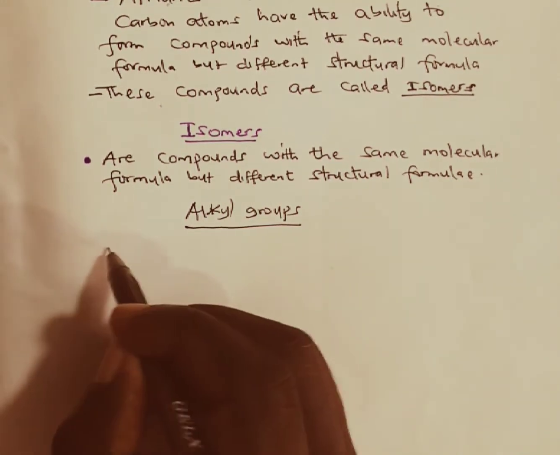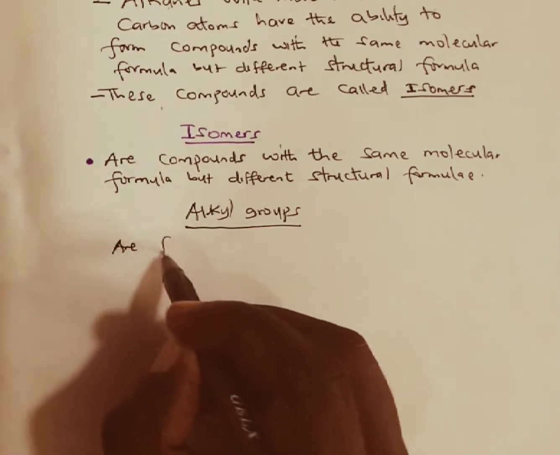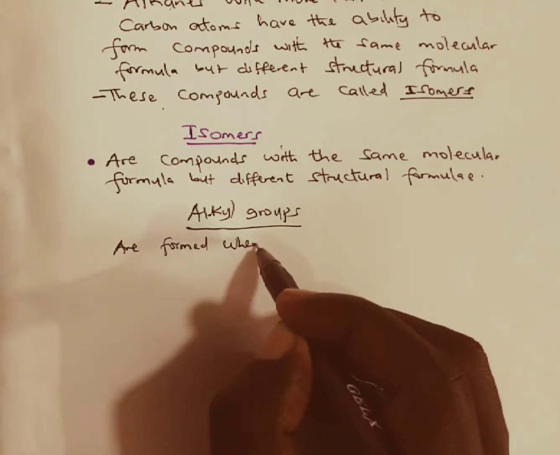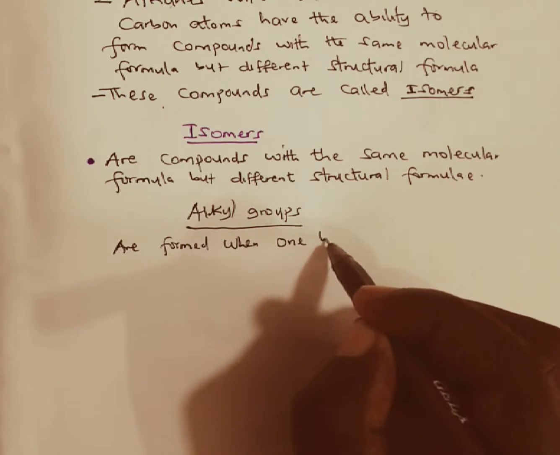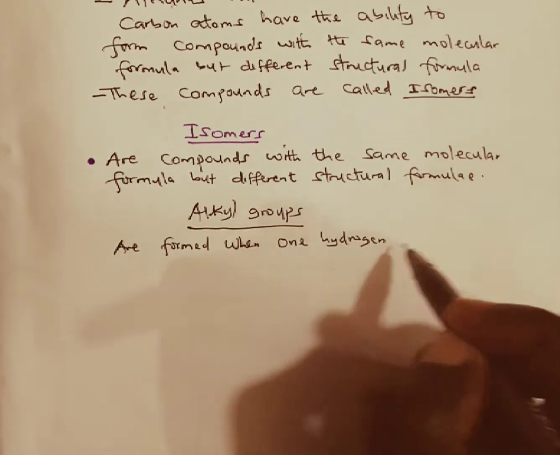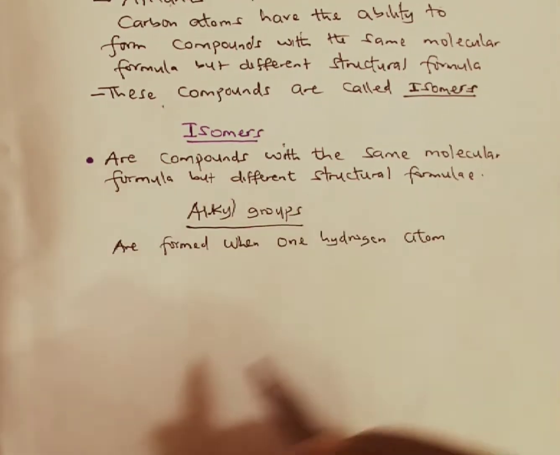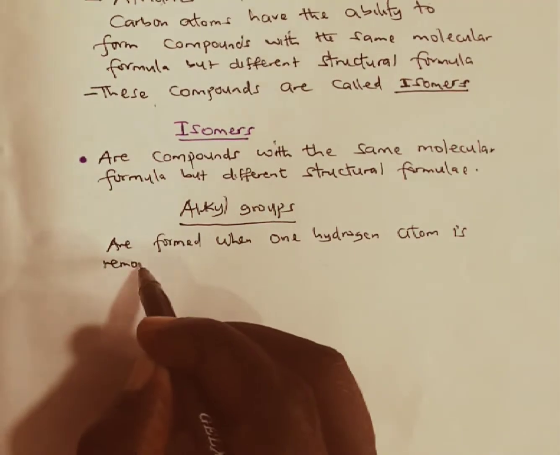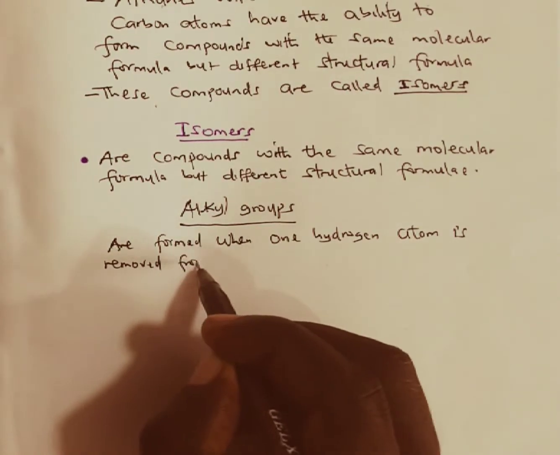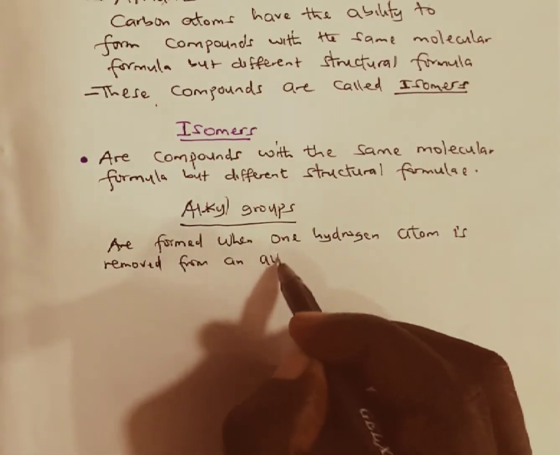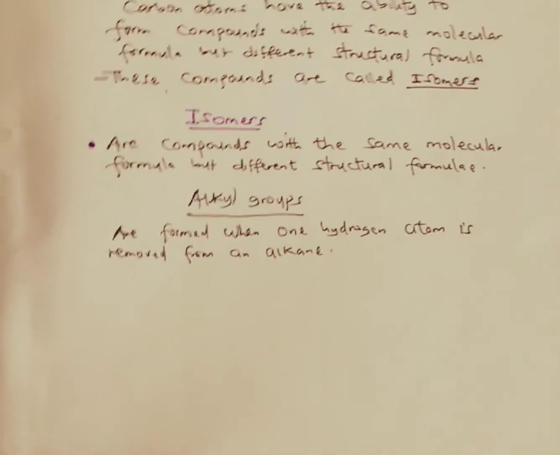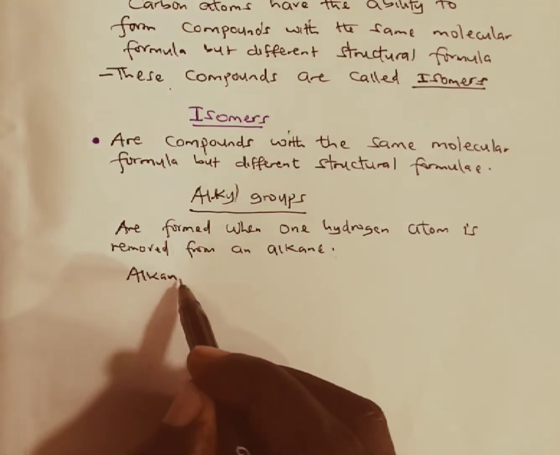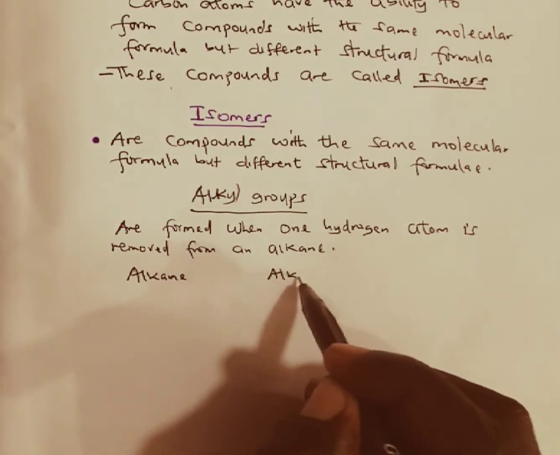So alkyl groups are formed when one hydrogen atom is removed from an alkane. Let us look at examples. This is an alkane, and then of course we have an alkyl group.